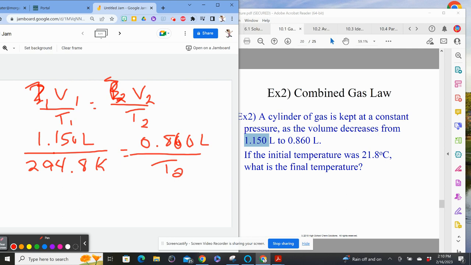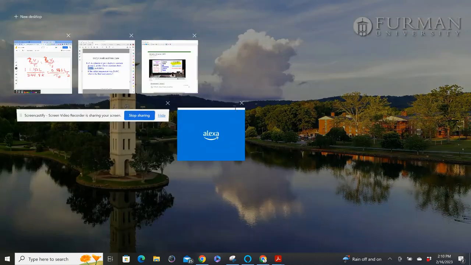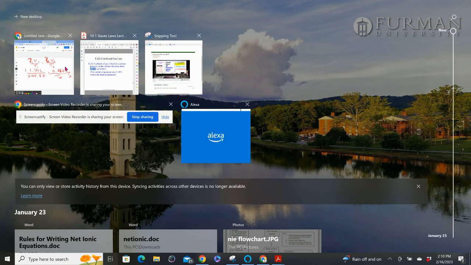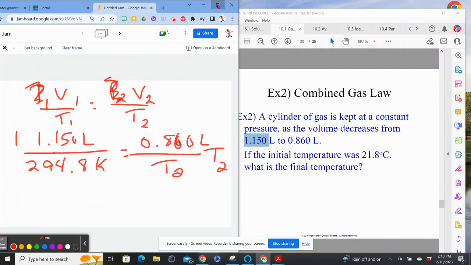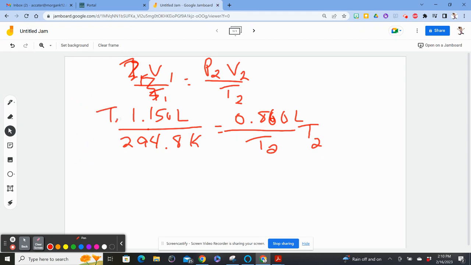Well, again, I'm looking for T2. I want to get T2 by itself. All right, well, to do that, you do the opposite. So if I want to get T2 by itself, and it's down here in the bottom, let's multiply both sides by T2. Those cancel out.